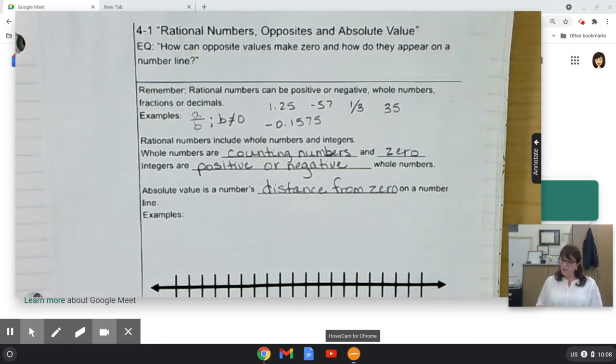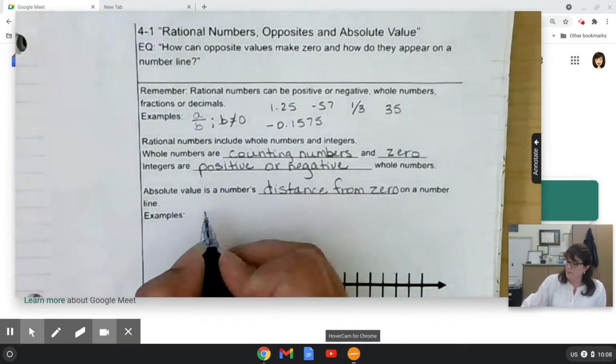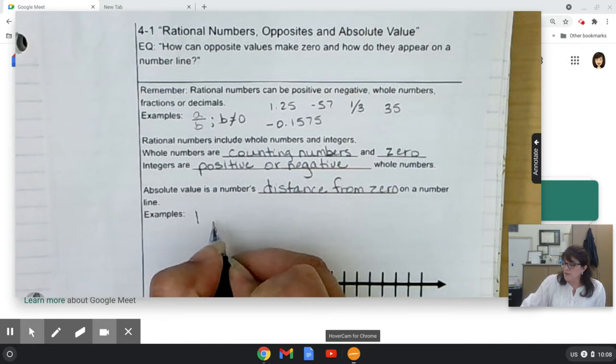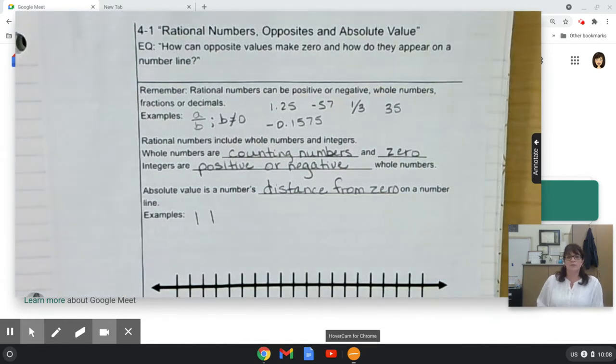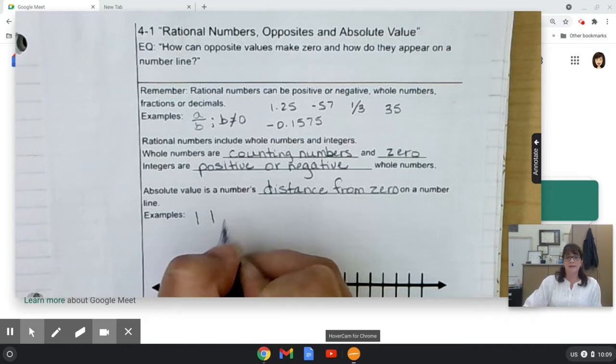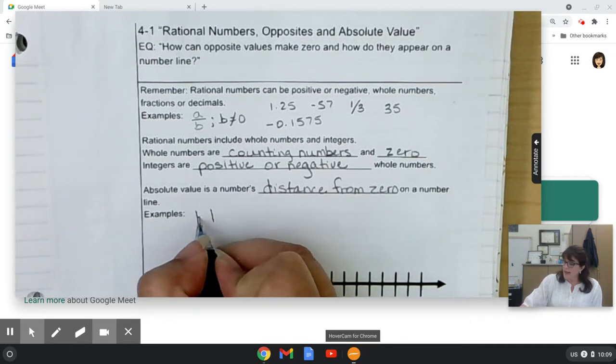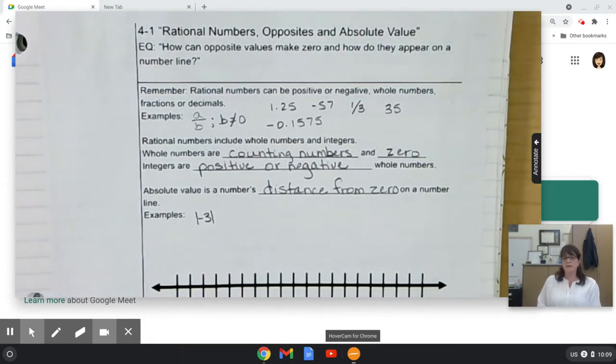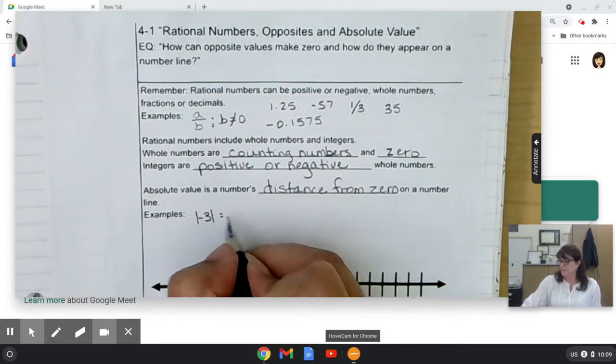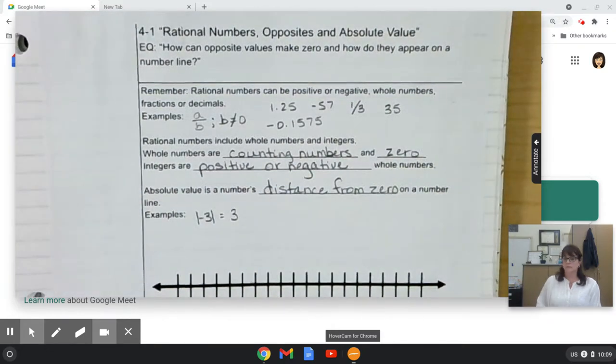Okay? So let's look at some examples. An absolute value symbol is just lines. So the absolute value of negative 3 is 3.